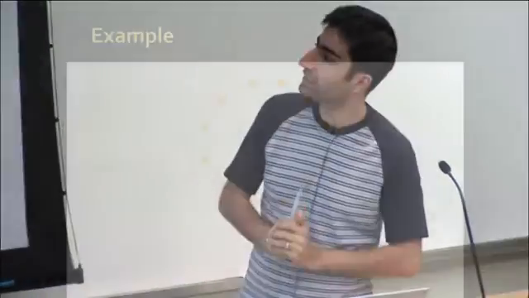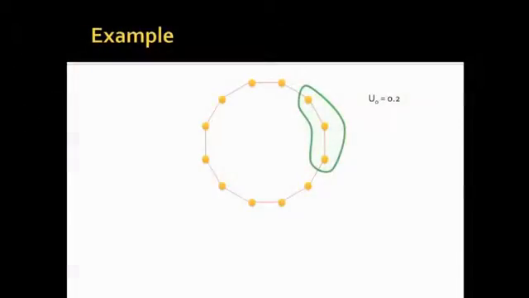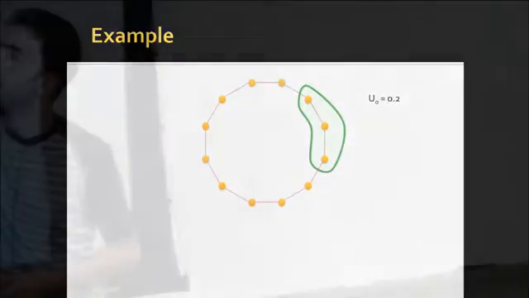So let me show you an example. It would be more clear. So let's say, for example, we want to run this process on this cycle. Okay? So we start from this graph. Let's say the first threshold is 0.2. So we include the vertices that have probability more than 0.2 of going to that single vertex. These vertices have probability 1/4. Right? So we include these two vertices. Okay?